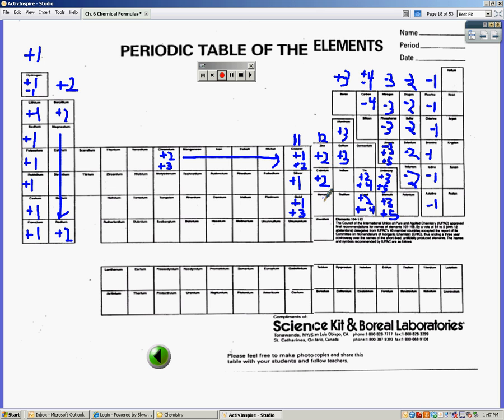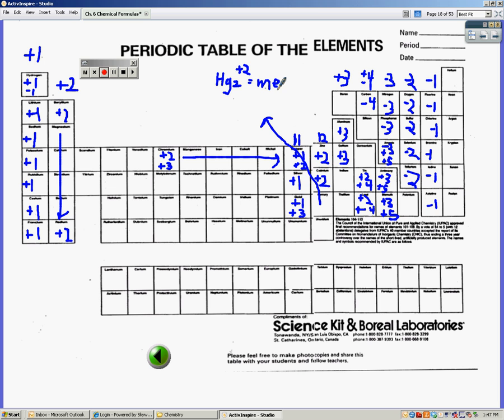Then mercury, I can't really fit in this little box, so I'm going to write it right up here. And this is our last element that we're going to talk about their charges. Mercury can form an ion that's actually got more than one mercury. So we write Hg2, and each mercury, though, is a +1 charge, so 2 of them together gives me a +2. This one is called mercury 1.